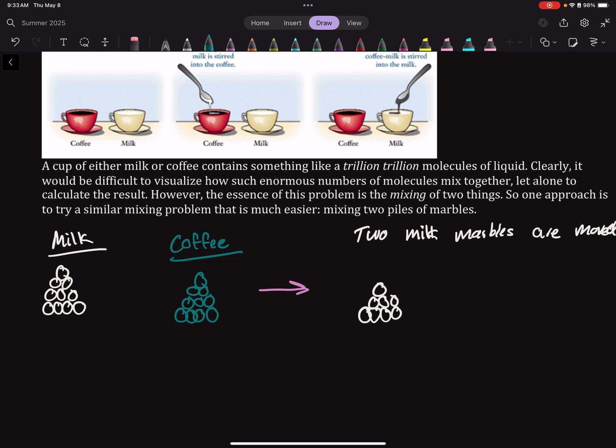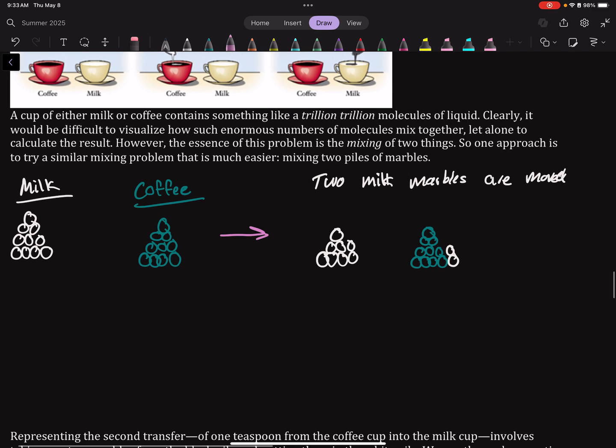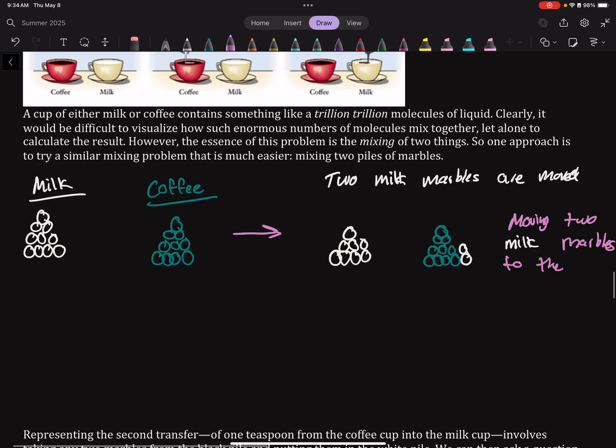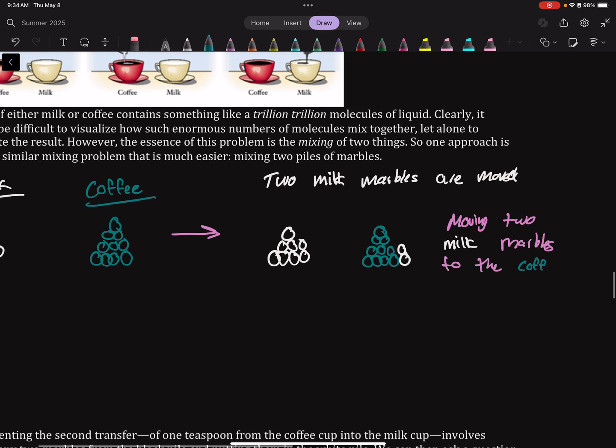So now the coffee has 12. So moving 2 milk marbles to the coffee is the teaspoon. That's what we're representing to be the teaspoon.